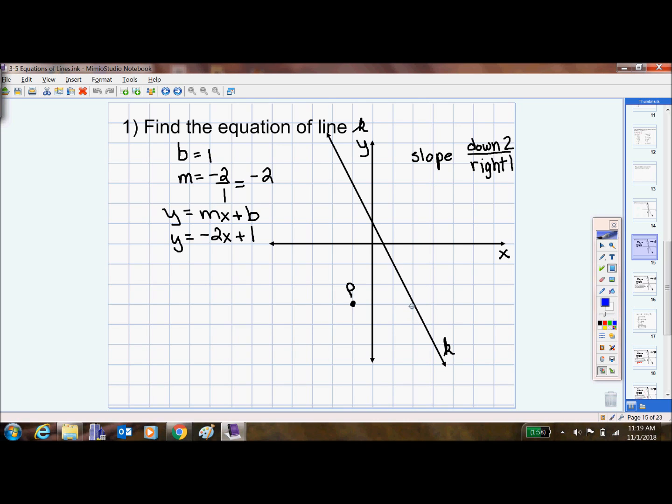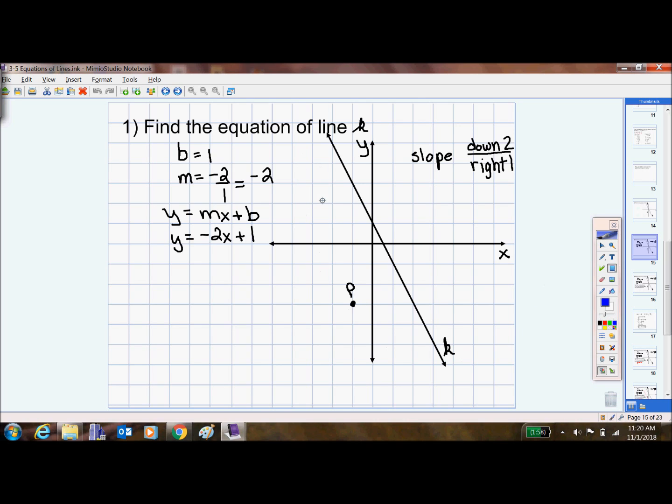Now, what did we say about the slopes of parallel lines from the other section? Slopes of parallel lines are equal, are the same. So if I want an equation that goes through point P that has an equal slope, the slope of that line is also going to have to be down 2 over 1.